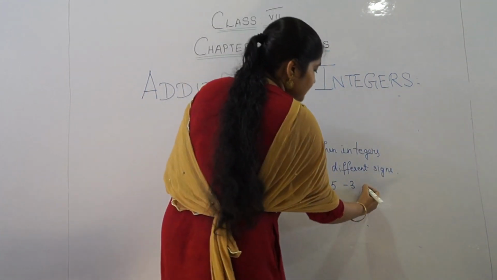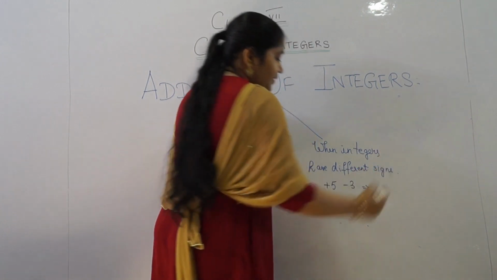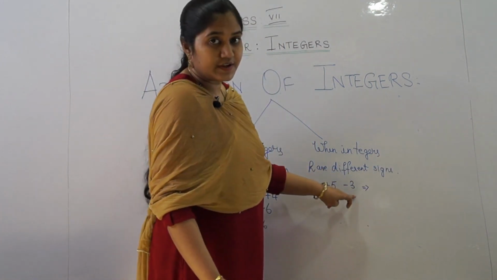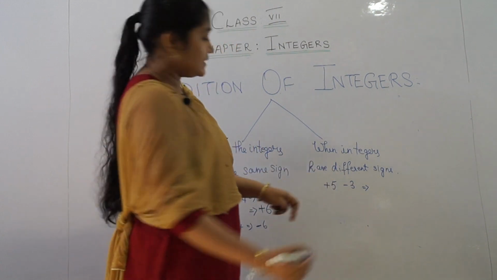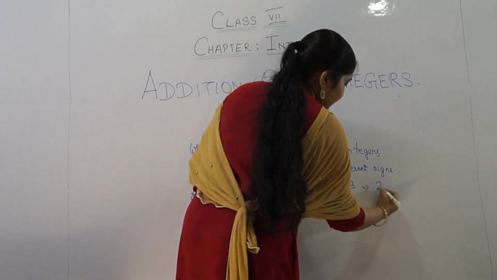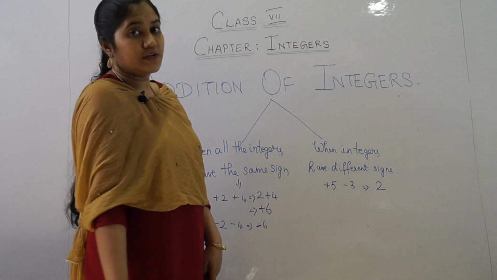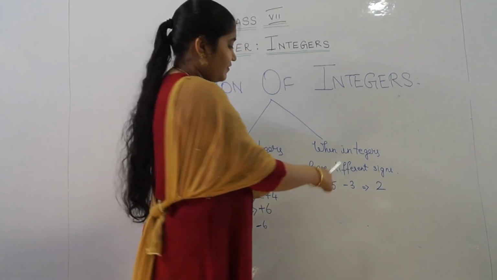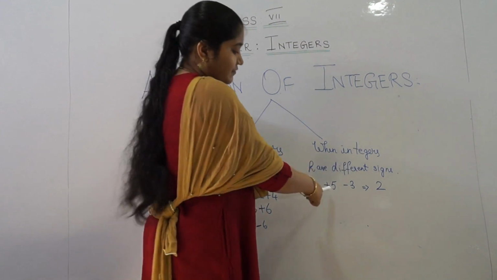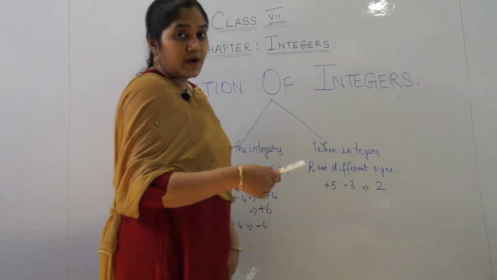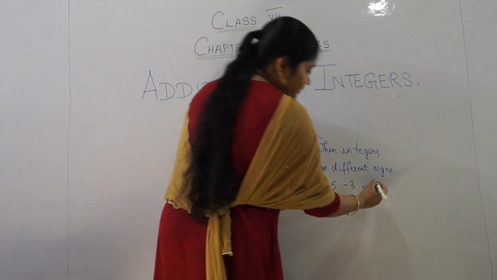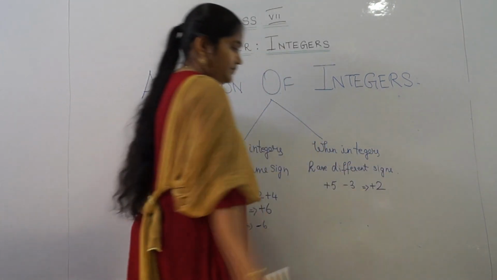I am going to subtract the numbers. Subtract 5 and 3. 5 minus 3 is 2. And now what sign am I going to assign? Look at this. Which is the greater number, 5 or 3? Obviously 5 is the greater number. So after I find the difference, I assign the sign of the greater number, which is plus.